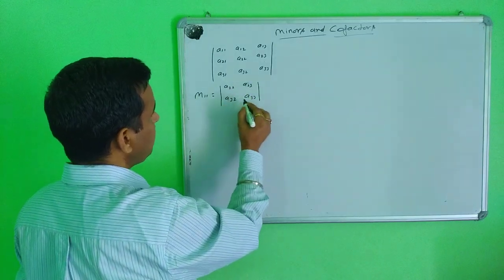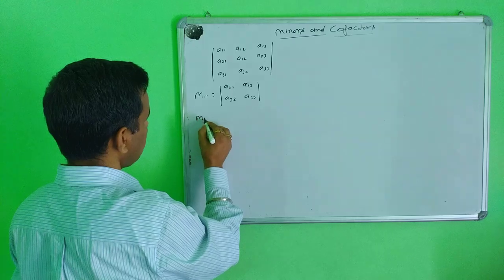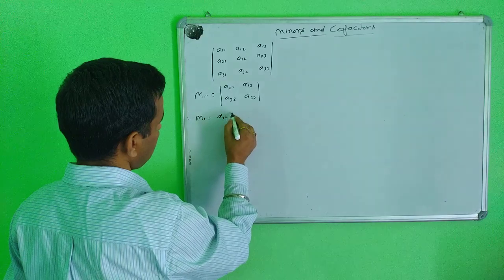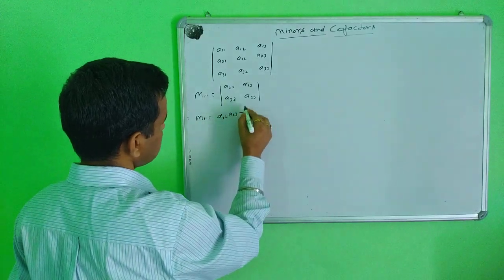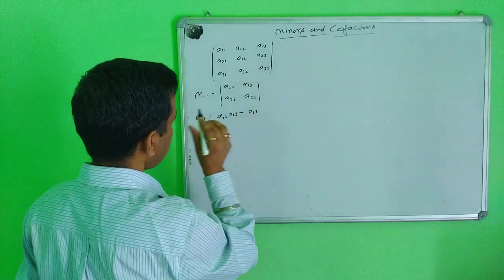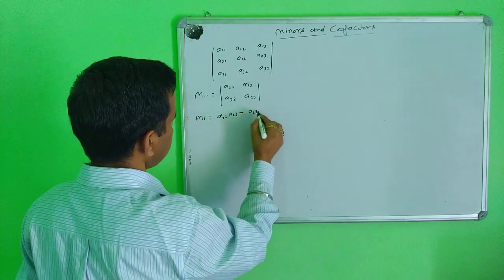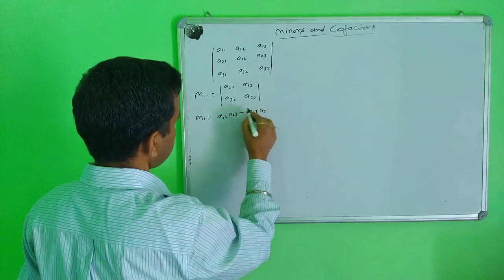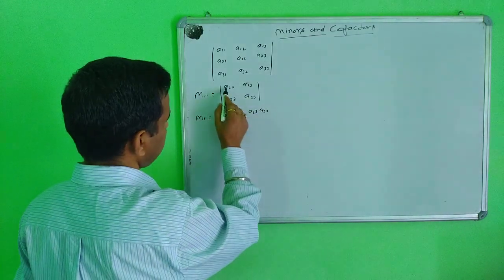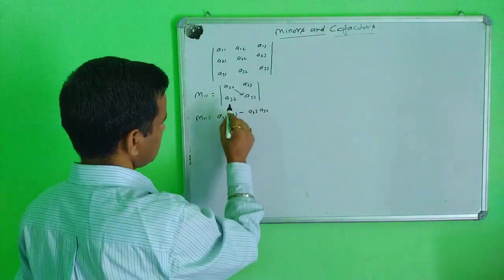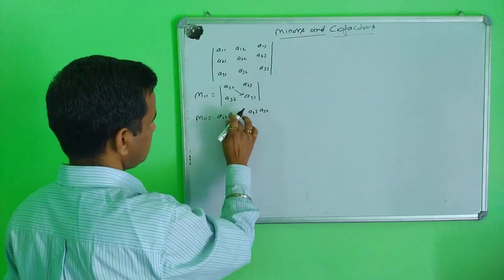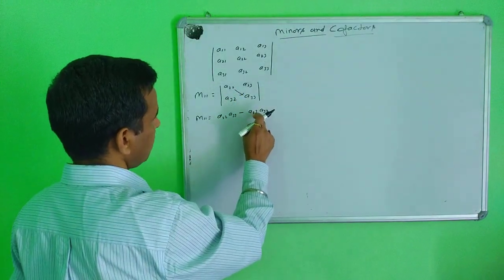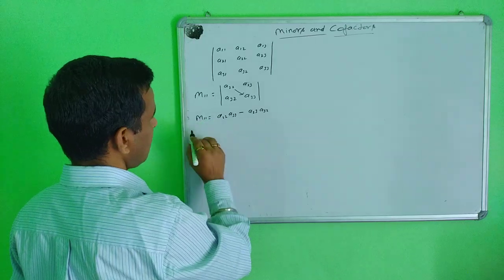Then you find M11 by cross multiplying: A22 A33 minus A23 A32. First multiply this way, then multiply this way. A22, A33, and second multiply A23 and A32. This is the minor M11.